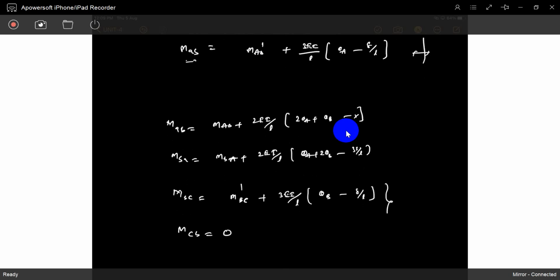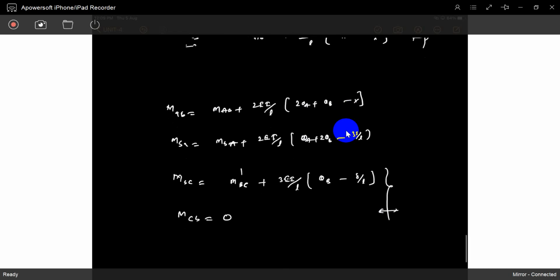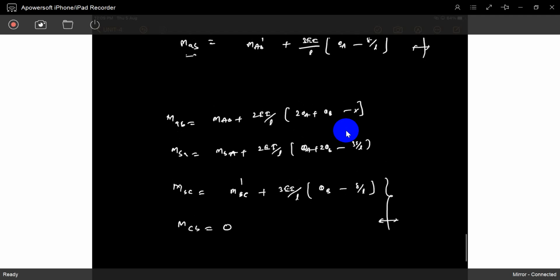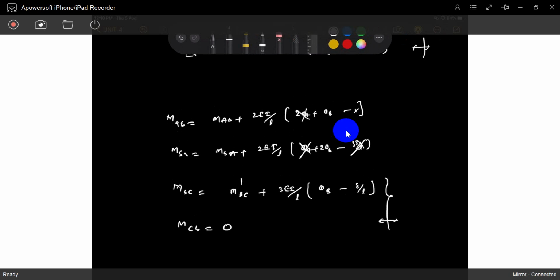For the last span, if the span end is hinged, you can use these two equations. Sir, how can we use it? You can use it. We already know theta A is 0, delete this. Delete, okay. You can use it like this.